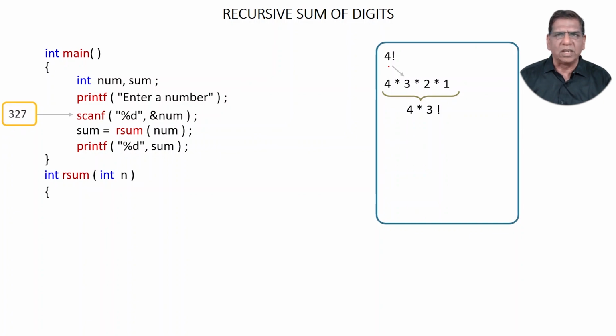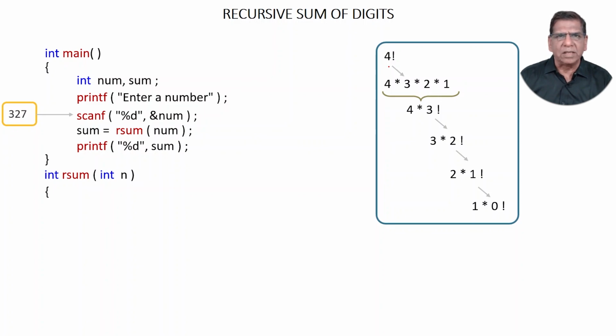So 4 factorial is really 4 into 3 factorial. Where 3 factorial itself is what? 3 into 2 factorial. And 2 factorial is 2 into 1 factorial. Lastly, 1 factorial is nothing but 1 into 0 factorial. We cannot go below 0 because factorial of a negative number is not defined.